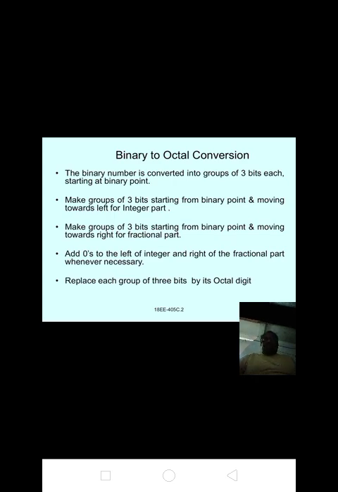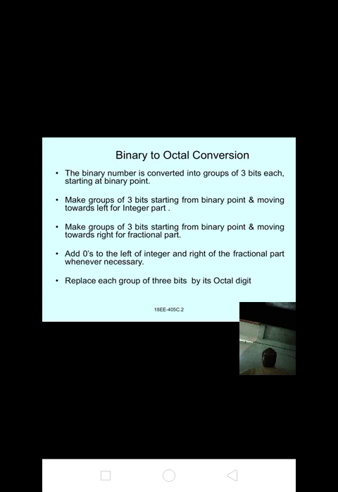Make groups of 3 bits starting from the binary point and moving towards the left for the integer part, and moving towards the right for the fractional part. Add zeros to the left of the integer part and the right of the fractional part wherever necessary. Replace each group of 3 bits by its octal digit. Simple.